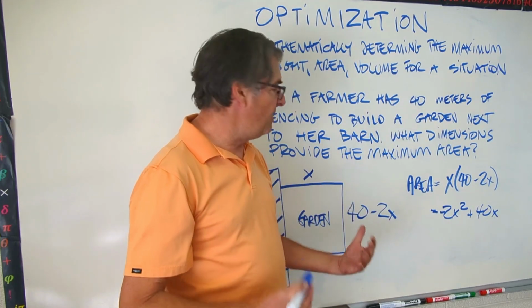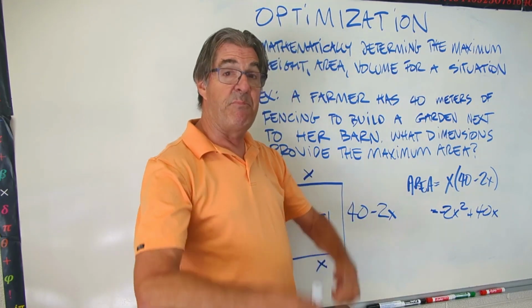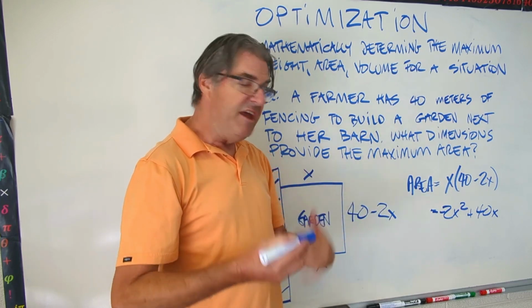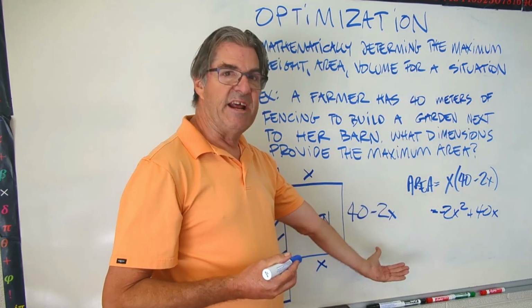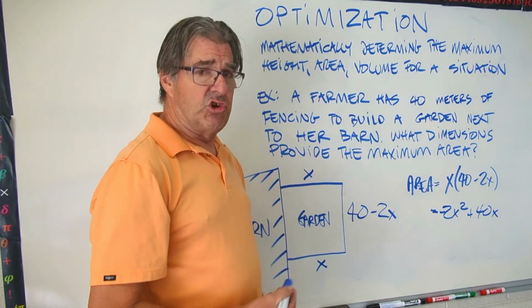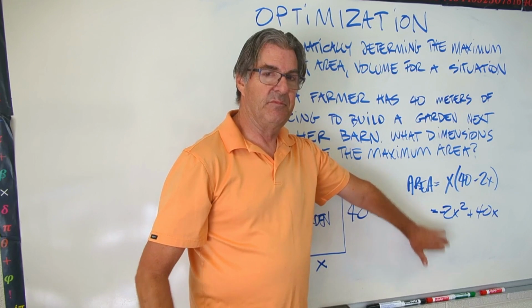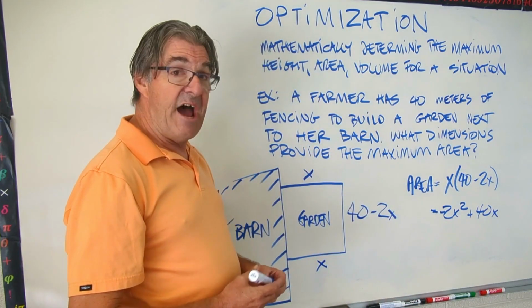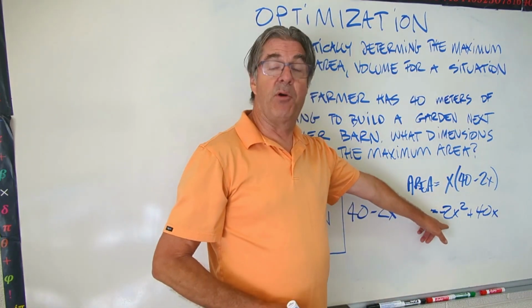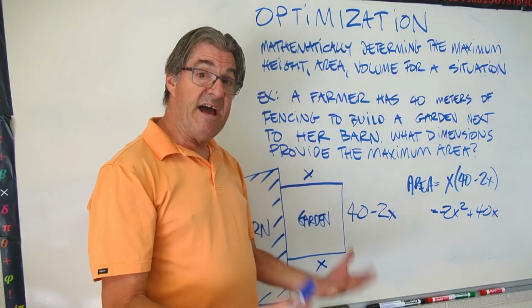Now we want to maximize that. We want this area to be as big as possible. Now think for a minute about a quadratic. What are we trying to find with that function? So what you have to realize is that this is going to make a parabola with a maximum.